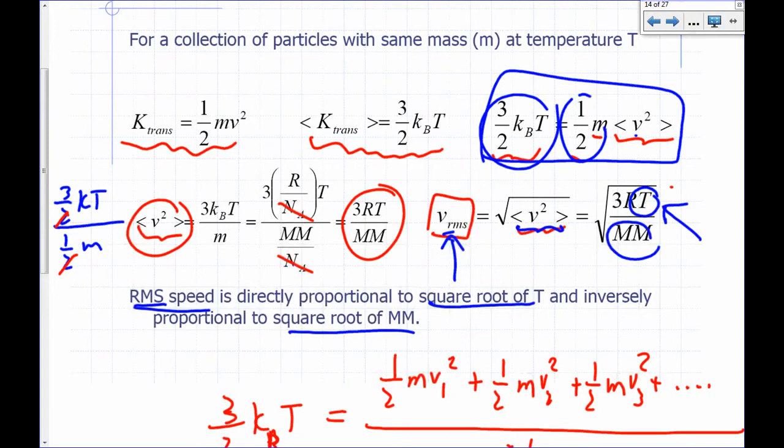It is directly proportional to the square root of the temperature. So the higher the temperature, the higher the average speed. The higher the molar mass, the heavier the molecules are. You have an inverse relationship here, since this one's in the denominator. The higher the molar mass, for the same temperature, the lower the average speed. So that's what that equation means.